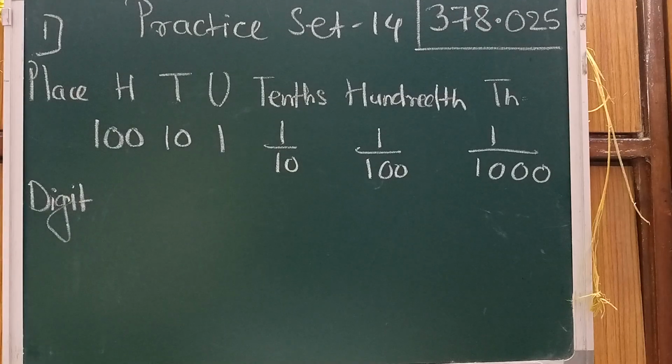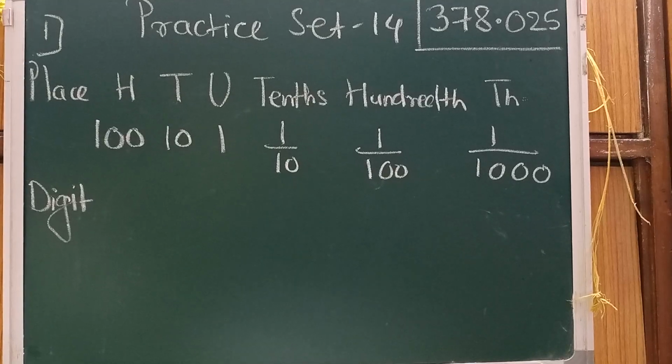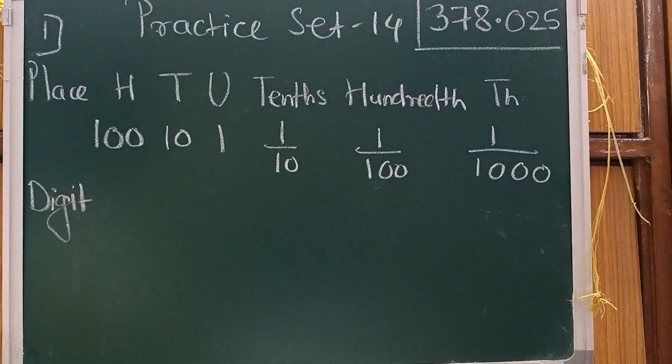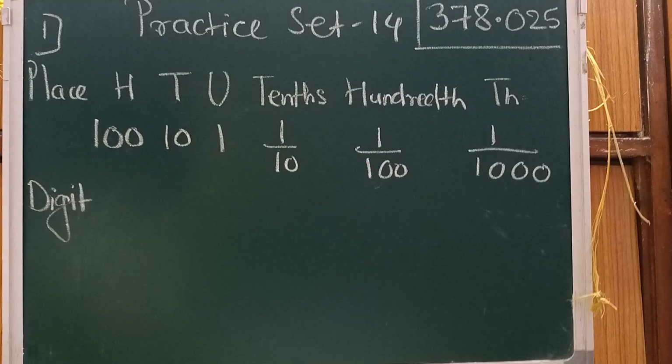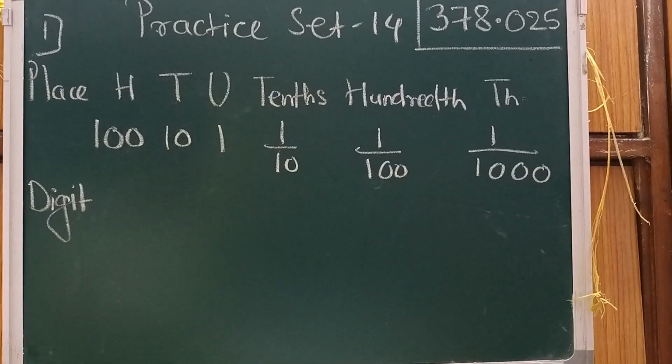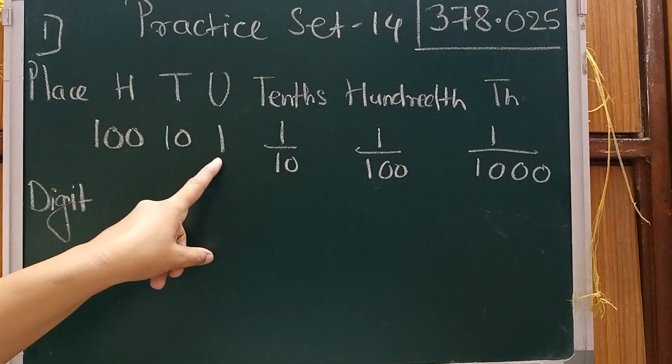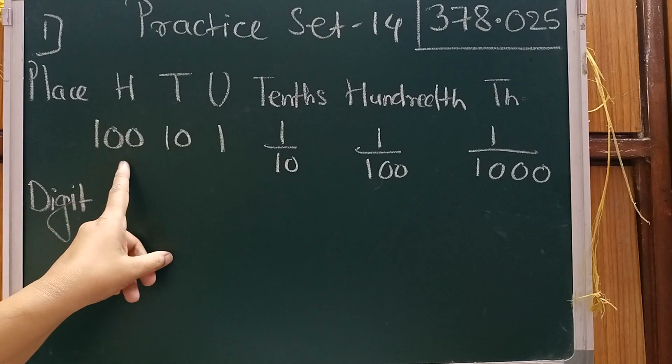Children, based on the topic we have discussed just now, let us solve practice set 14 on page number 30. First of all, question number 1. One number is given to us, that is 378.025. Here you can see the places are shown. We have studied the place names before. This is units place, tens place and hundreds place.